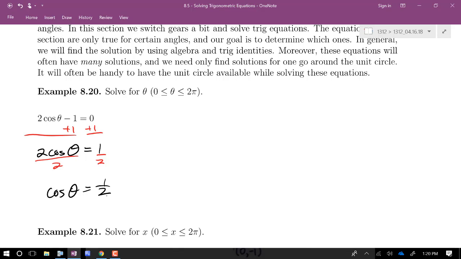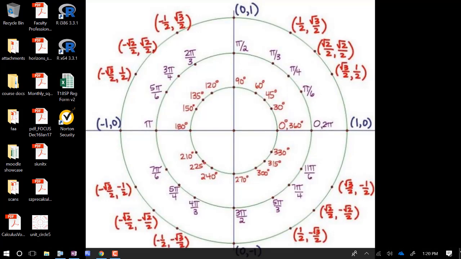Now sometimes we might need to rely on the calculator, but a lot of the time we'll be in a position where they've given us some convenient values, and all we need to use is the unit circle. So if I'm looking for a spot where cosine is equal to 1/2, can anybody point out some angles where cosine is equal to 1/2?